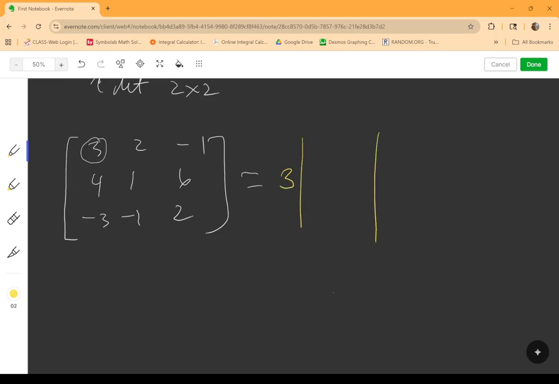And I'll have the submatrix that I get by blocking out the first row and the first column. If I do that, I'm left with this submatrix: 1, -1, 6, -1, 2.